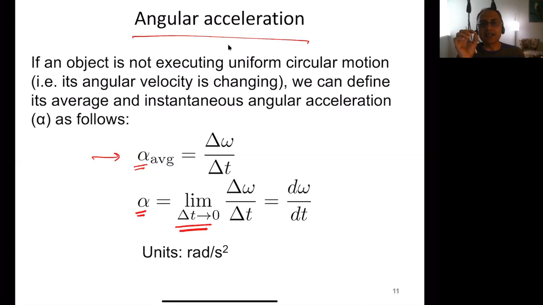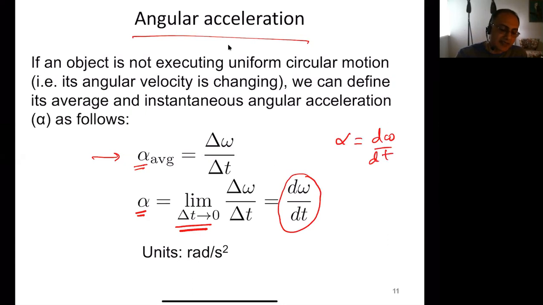So once again, you're taking a very tiny interval of time surrounding the moment at which you want to find alpha. And that is nothing but the derivative of omega. So we get this very important relationship that alpha is equal to d omega dt. And earlier we had seen that omega is equal to d theta dt.